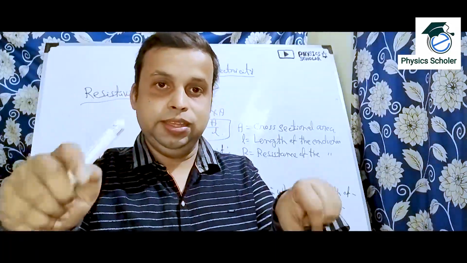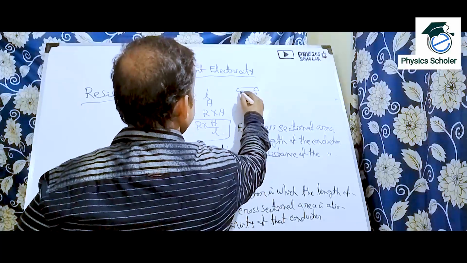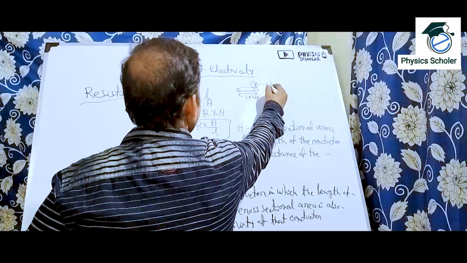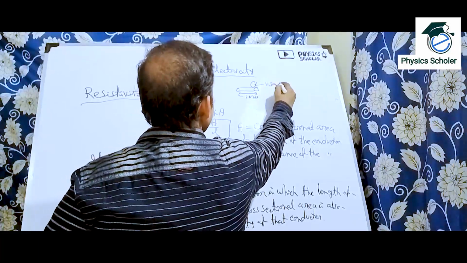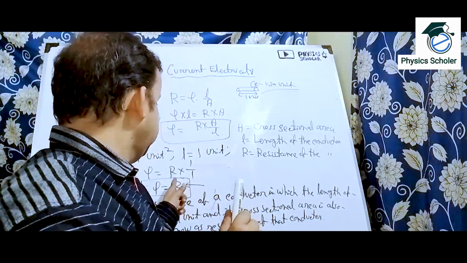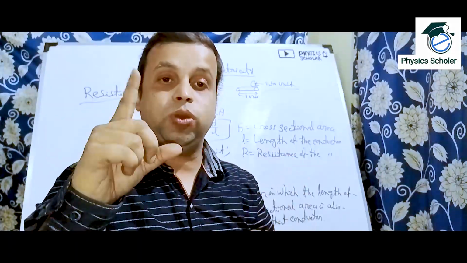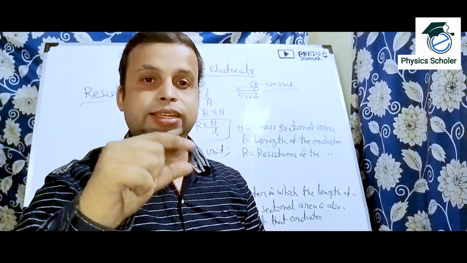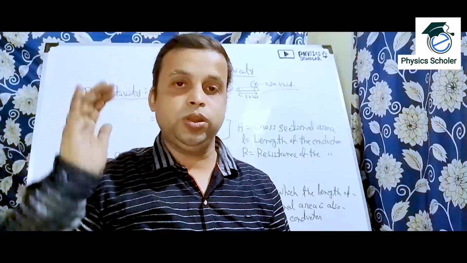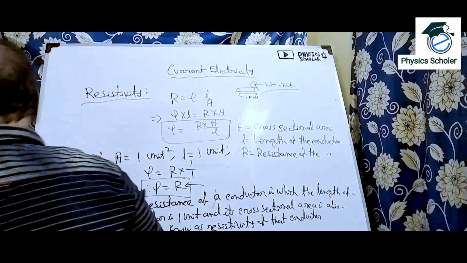If the length of the conductor is 1 unit and the cross-sectional area is also 1 square unit, then the resistance of the conductor is known as the resistivity of that particular conductor. So this is the definition of resistivity.